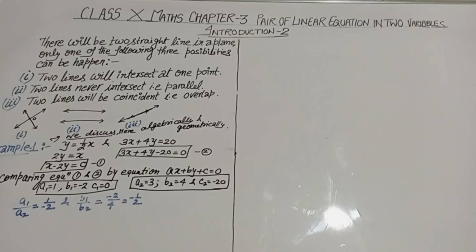So a1 is 1, b1 is -2, c1 is 0, and a2 is 3.